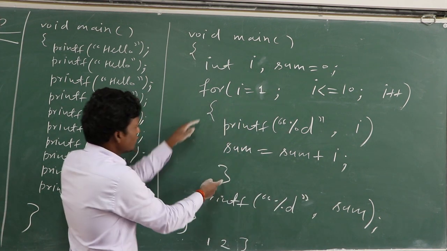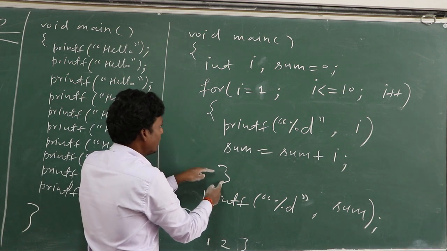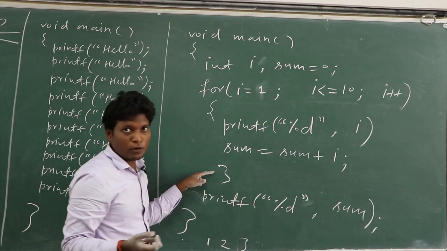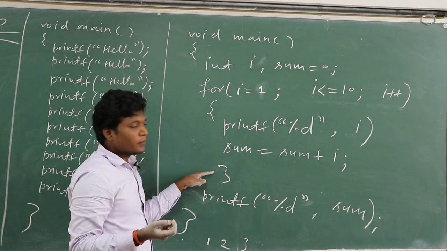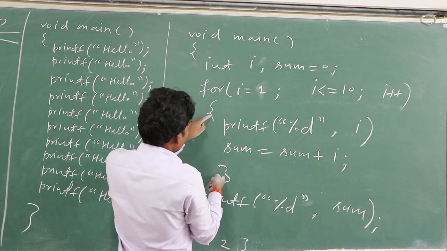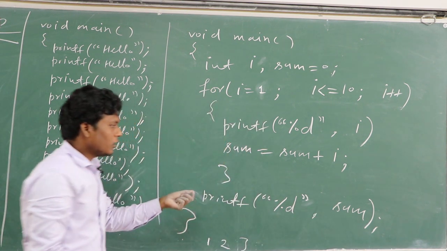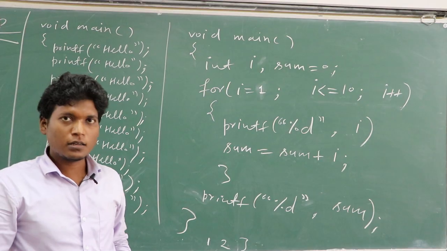In this way, when this loop is completed, sum has the final value, that is 1 plus 2 plus 3 plus 4 plus 5. After this loop, sum has the final value. Print this sum, and you have the final result.